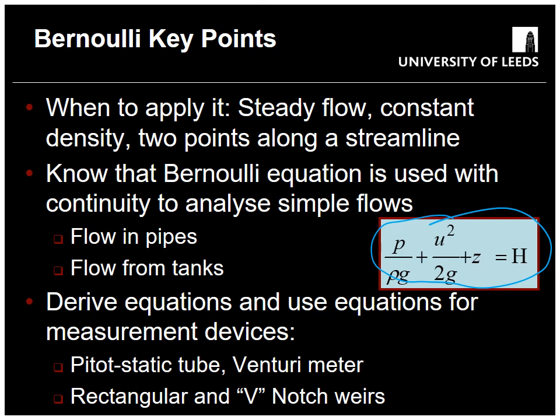So apply that at one point and it's equal to the conditions at another point along that streamline. We've seen a pitot-static tube, a Venturi meter, and rectangular and V-notch weirs. Know how to apply those derived equations. We don't really need you to reproduce the derivations, but we really want you to use those equations. Okay, thank you.